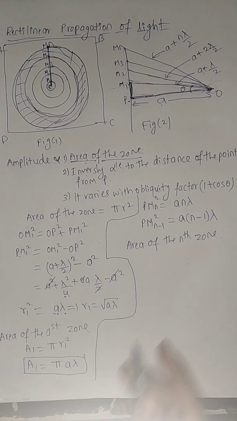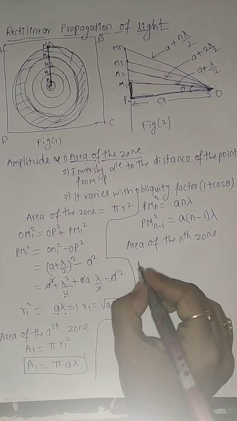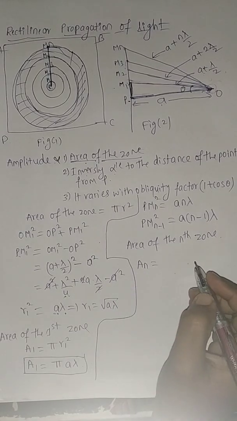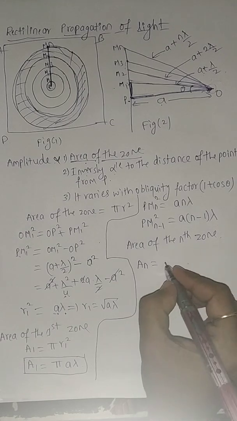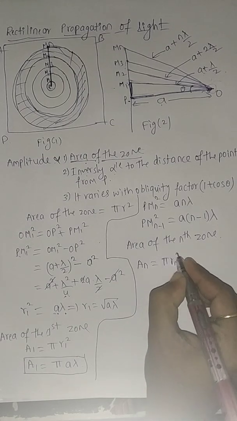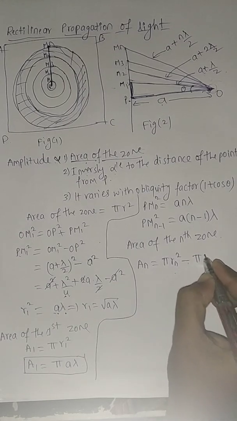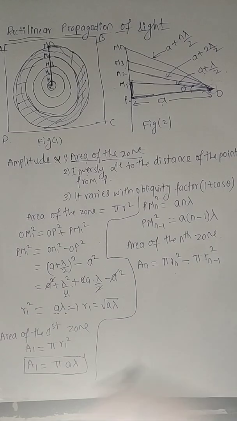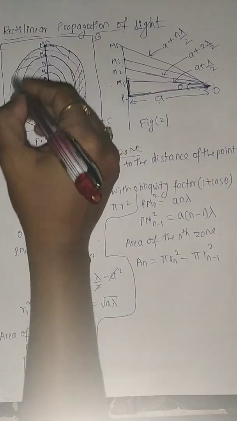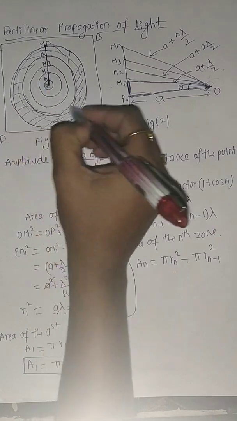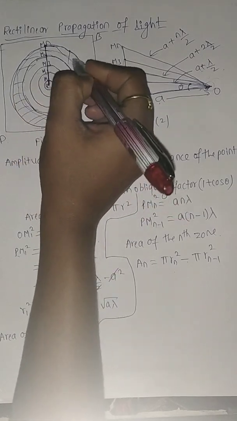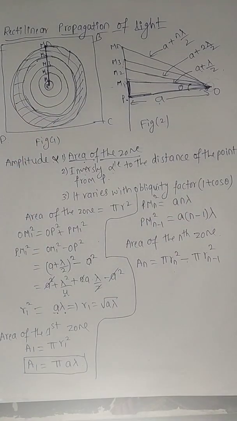An is equal to pi rn square minus pi r(n minus 1) square, because whole area minus this area we should take, then only we can calculate the nth zone area.